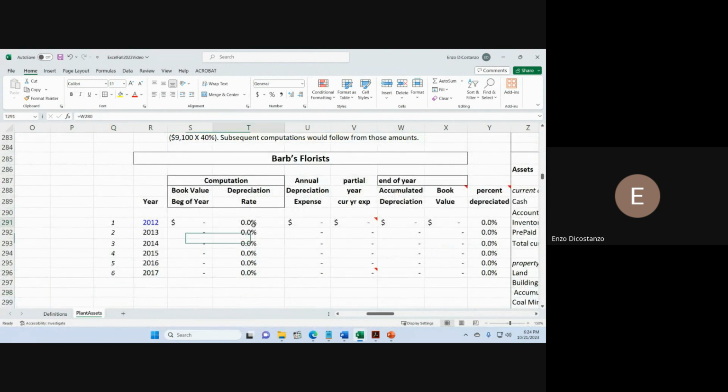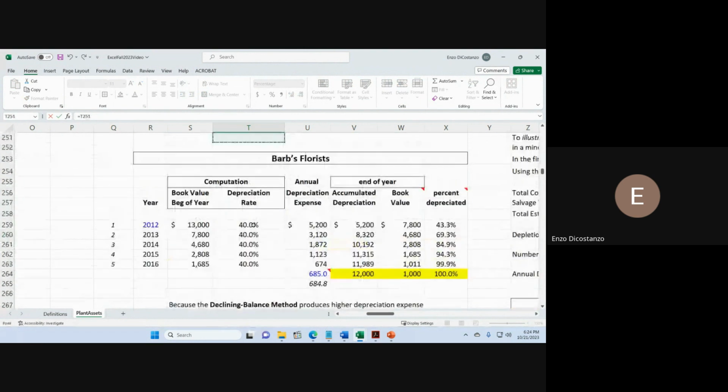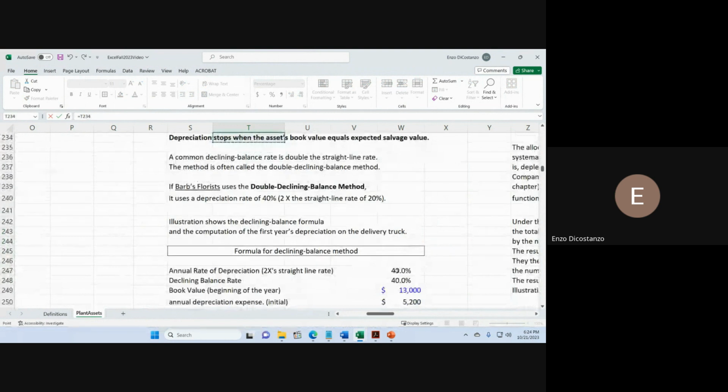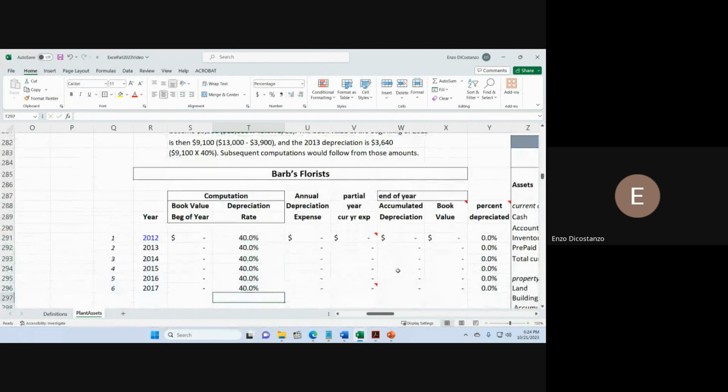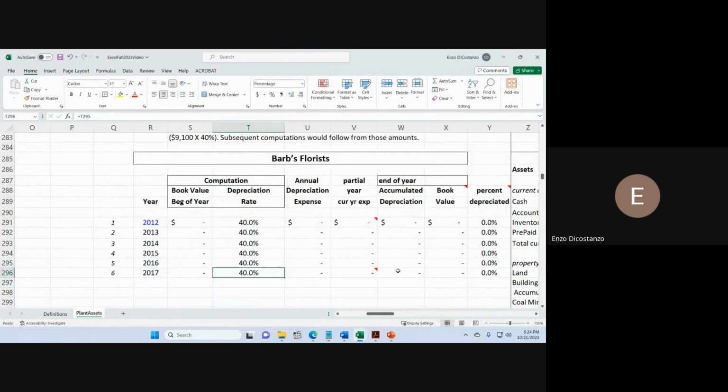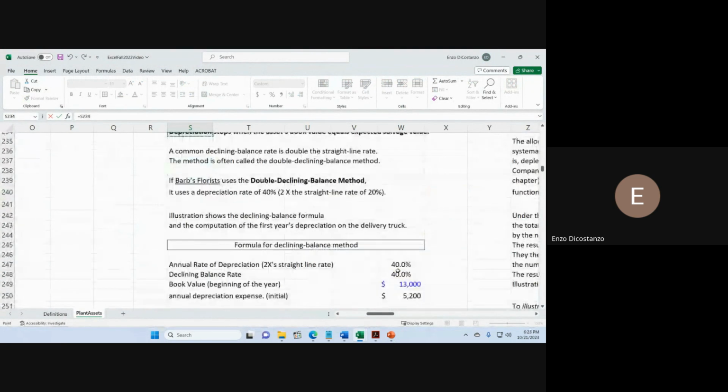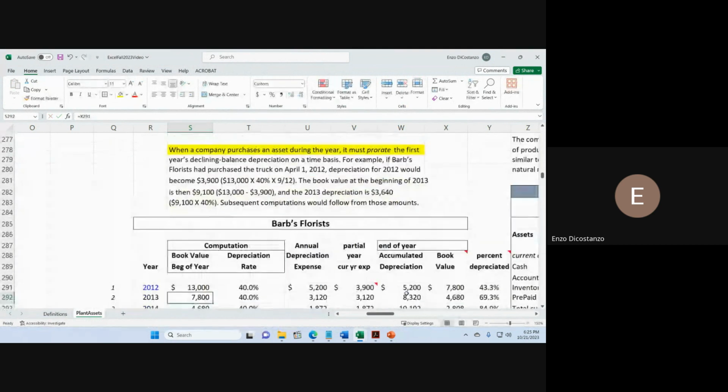So your rate is still 40%. Your rate is still 40%. Your beginning book value is 13,000.